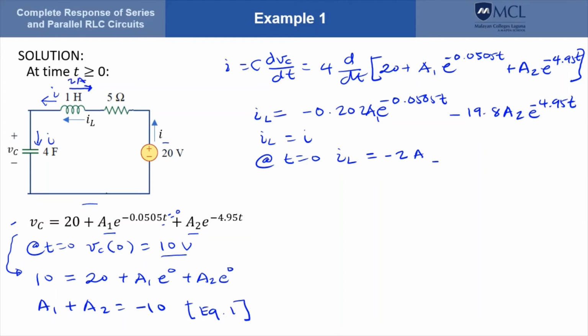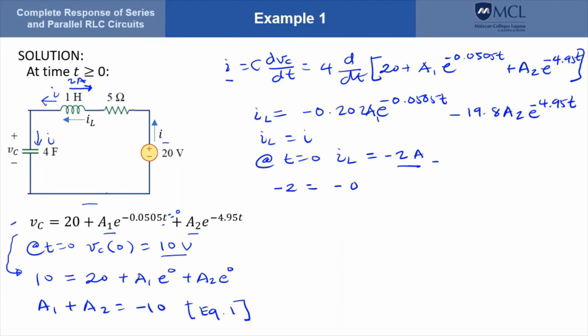So therefore, we have to show that as a negative 2 here, because we're solving for I that is in the direction towards the left.